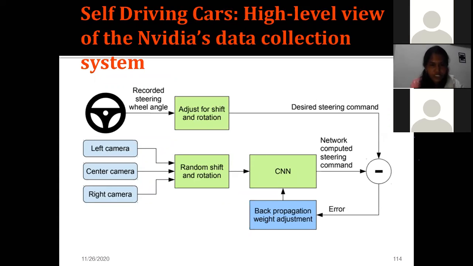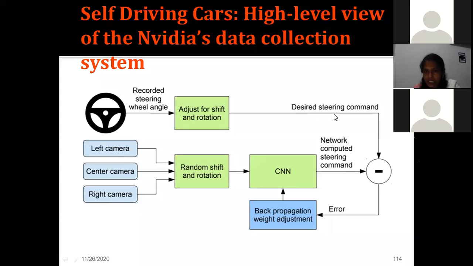Right now, I got this information from NVIDIA's data collection system. You do have automatic steering control, so this can be designed using CNN. The input information would be from 3 cameras, the left, center and right camera. Based on this camera information, random shift and rotation has been decided, and based on that, we are computing the steering command.